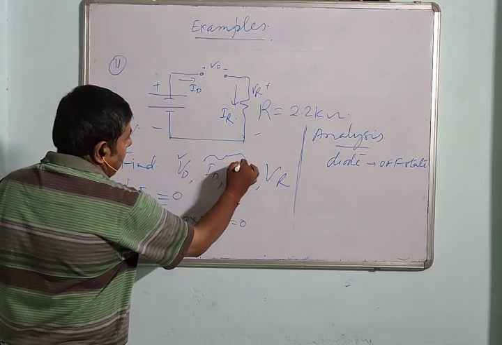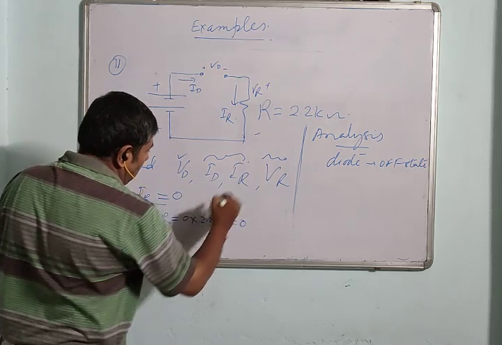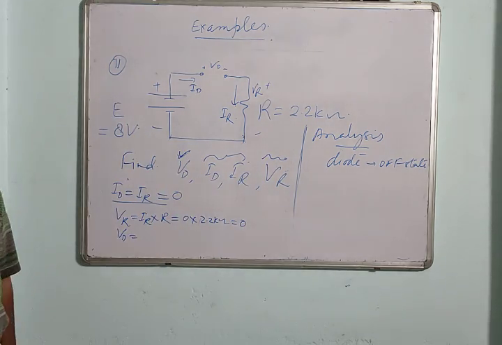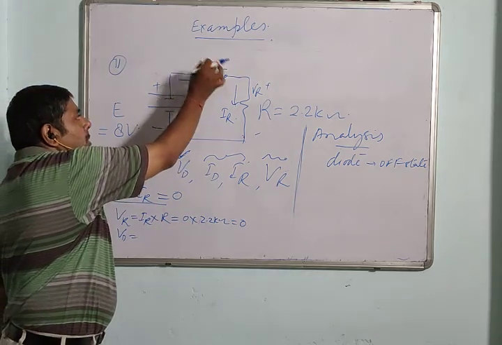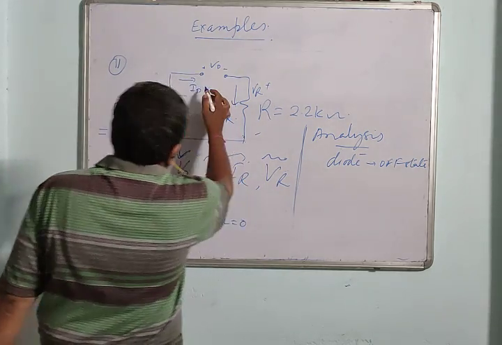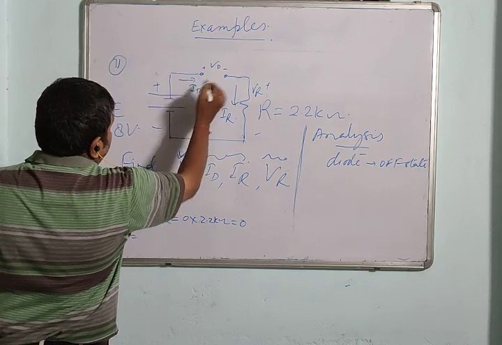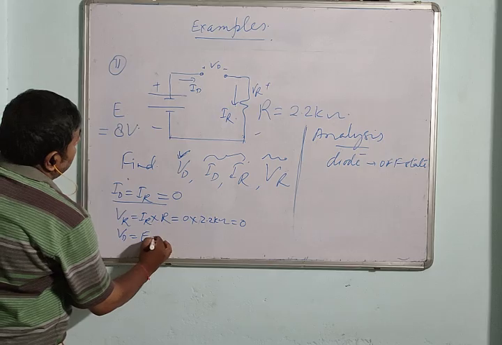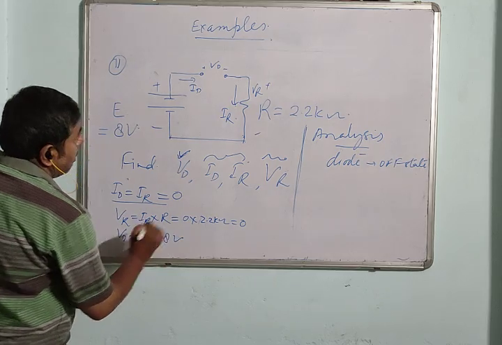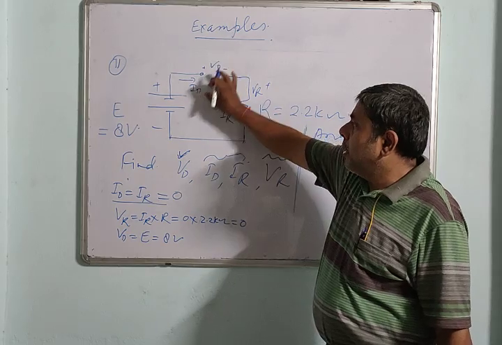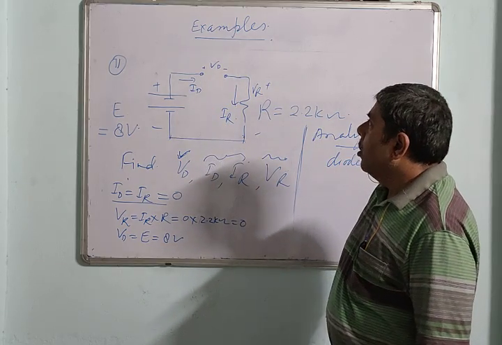So these two currents are 0, this drop is 0. Now come to this drop, VD. What is the drop across this diode? Now you can apply KVL for this. So VD equals, you will get simply this drop E, and this is 8 volt, because there is no drop across this. So this drop is equal to this.